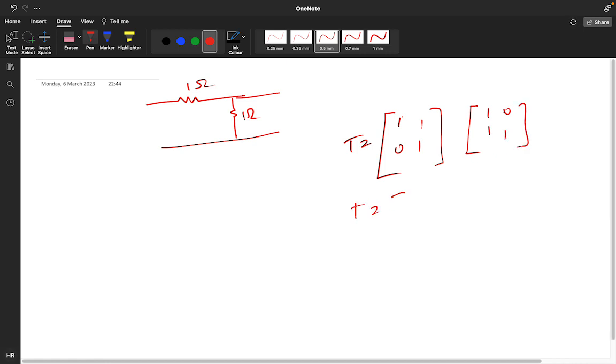Solve this and get the result. Or you can write directly 2 1 1 1. 2 1 1 1. Okay.